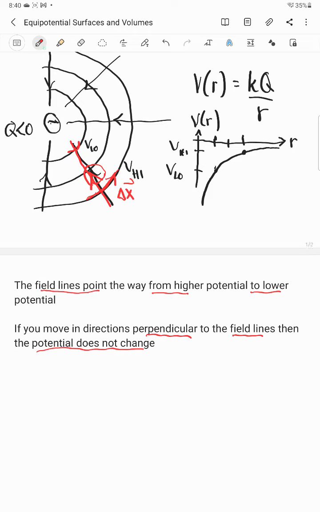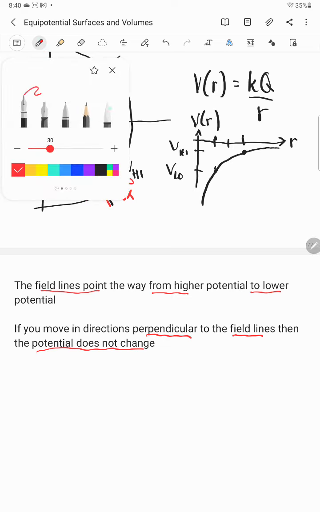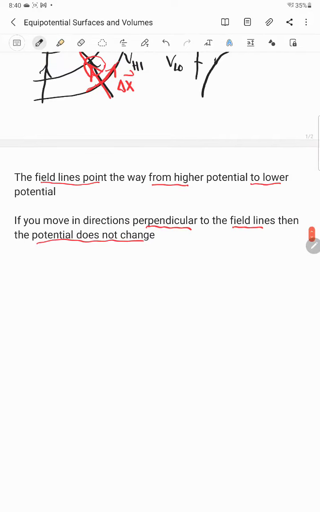We can actually see this based on the original definition of the potential difference. The original definition of potential difference, right? So delta V is potential difference. It's the potential difference between two places, place 1 and place 2.